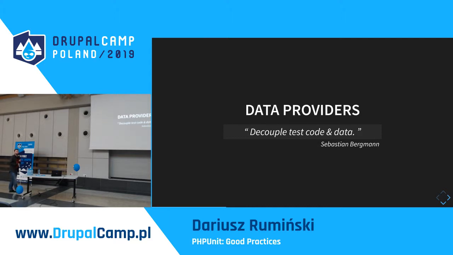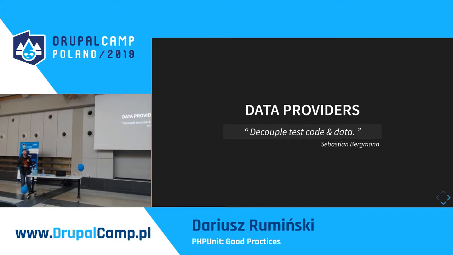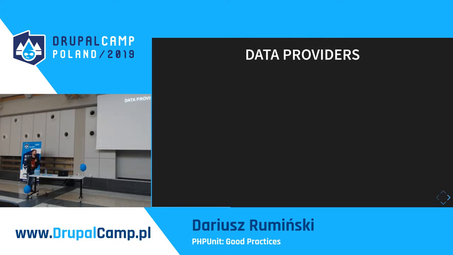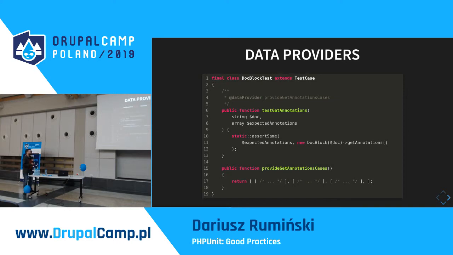But here we saw only two methods, so how do we test different scenarios? One solution for that is data providers. So we have our test method for getting annotations, which now accepts different data as input. We can extract concrete scenarios into a data provider with three different dedicated scenarios for the given cases.